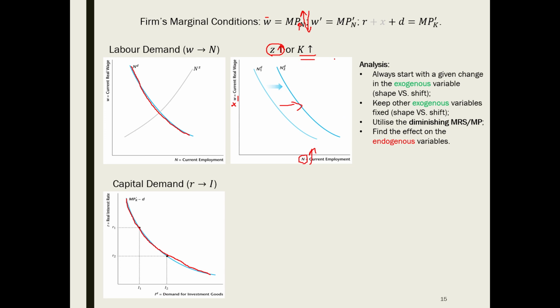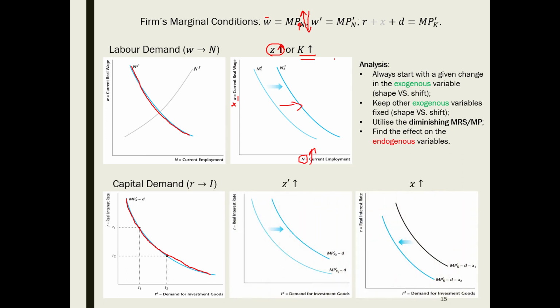Now let's analyze the effect of productivity Z prime in the future period on the capital market. Note that productivity in the current period Z does not have any effect on the capital market because capital in the current period is already fixed. Again, apply the three-step approach. Step 1. A rise in Z prime raises the right-hand side of the intertemporal condition because Z prime is part of the marginal product of capital in the future period.